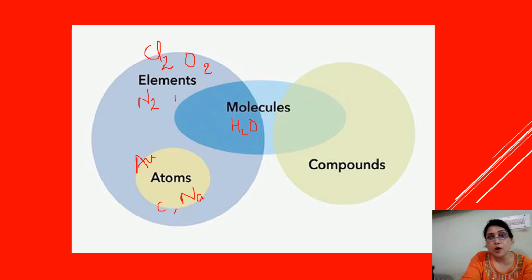And compounds can be molecules. This is H2O. This is also a compound. So I think that it is pretty clear. One more, let's see the example: copper atom. And NaCl, NaCl is a molecule as well as a compound.